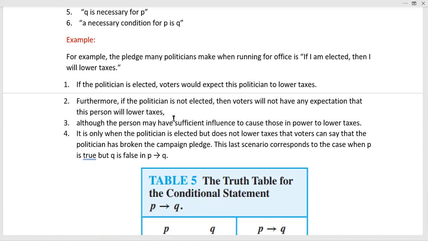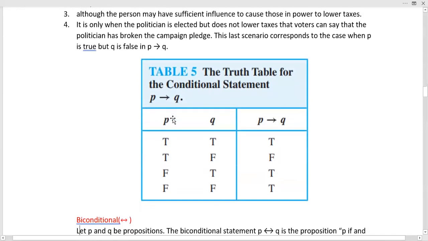In that case, suppose the politician is elected, then they have some power to reduce the taxes. Suppose he is elected in the election, then there is some influence to reduce the taxes.